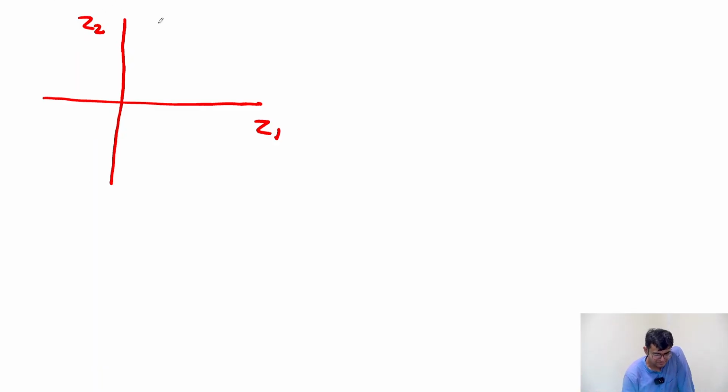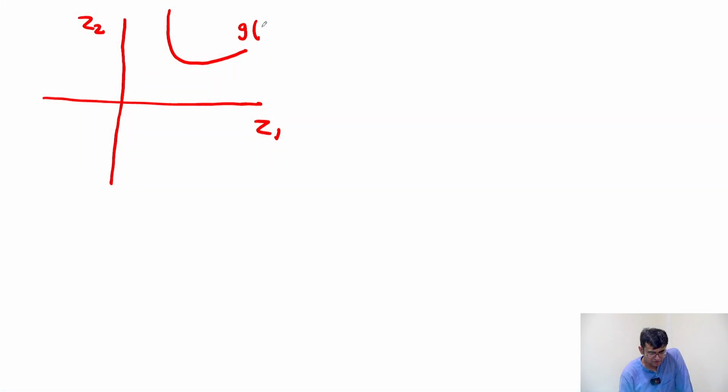And let's say my limit state function in the standard normal space is something like this. Possible? Now what is FORM doing? By the way, before that, this is my g of z equal to 0. This is the equation, right? This is my failure zone.